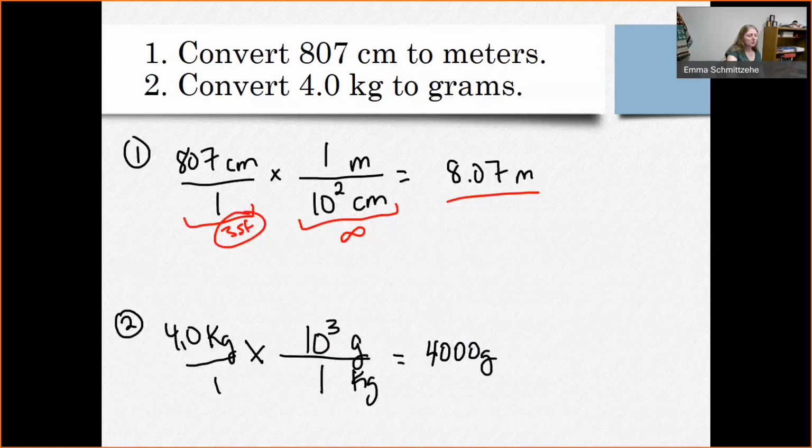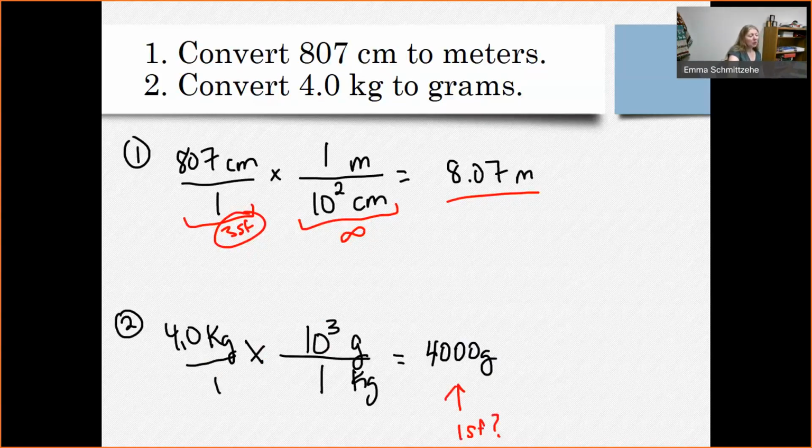4,000 grams. Or since this looks a little confusing, because it looks like 1 sig fig, maybe I should write this so you can see it a little better in a different color. If you report that, some people might think it's 1 sig fig.